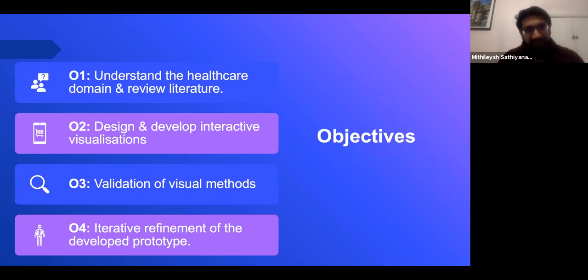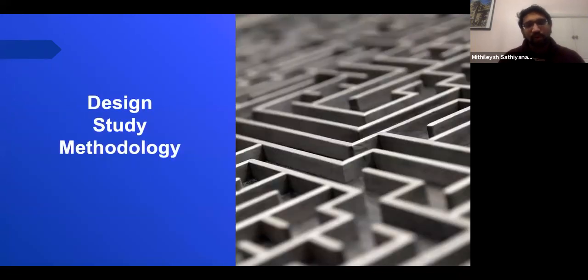The third objective was to validate the visual methods, whatever we try to develop. And the fourth one was more of an iterative development that went into a cycle. Currently we are in the fourth stage, where we are trying to make it much better and a very niche kind of product. Now let's see what the design study methodology is and how this can fit into healthcare 5.0.